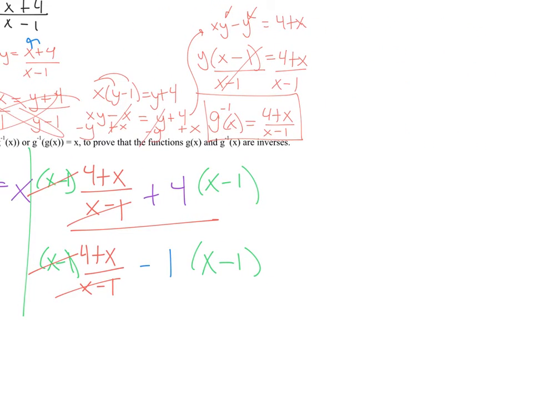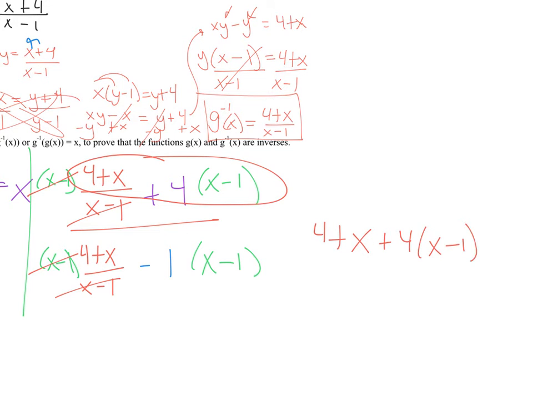So the numerator is all this stuff here. So I have 4 plus x plus 4, x minus 1. And then on the bottom you have all this stuff, 4 plus x minus 1 times x minus 1.